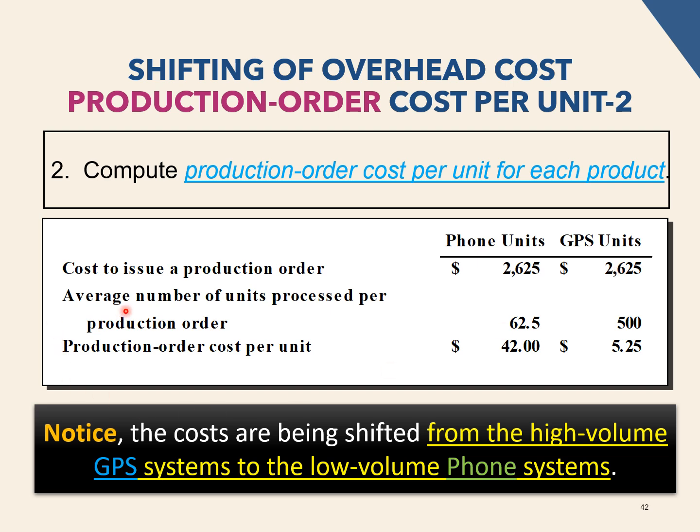The average number of units processed per production order is 62.5 for phone, 500 for GPS, again from the previous slide. So the production order cost per unit would be 42 for phone and 5.25 for GPS. That is a big difference. So the costs are being shifted from the high volume GPS systems to the low volume phone systems.